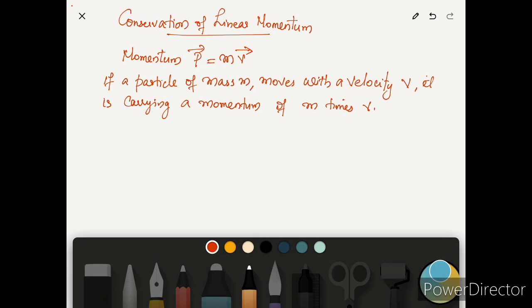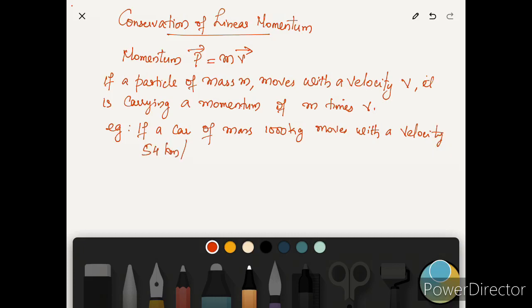So momentum P is equal to m into v. When a particle of mass m moves with velocity v, it has a momentum P equal to m into v. Consider a simple example. A car of mass 1000 kilogram moves with a velocity of 54 kilometer per hour.